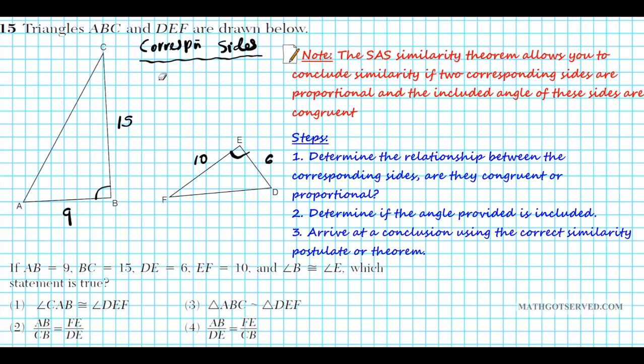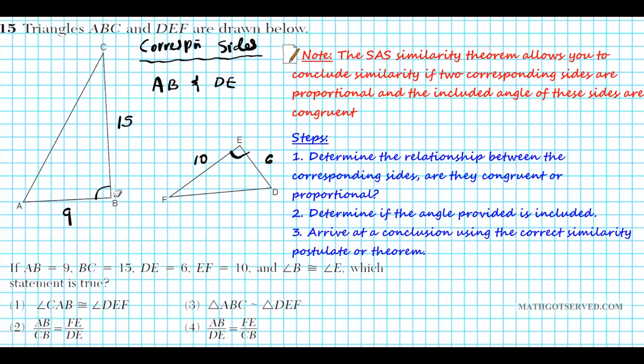So the smallest side in triangle ABC is side AB, and in the smaller triangle, DE. Side AB and DE are corresponding sides.